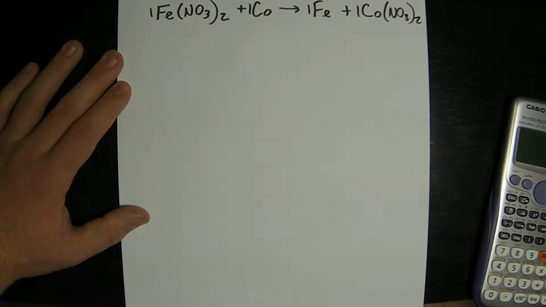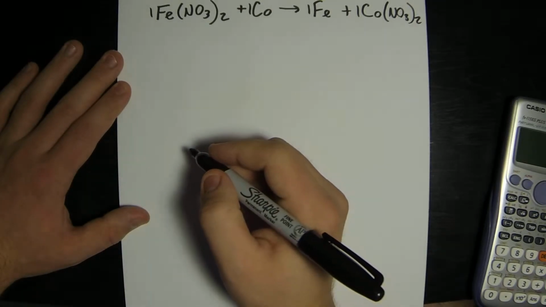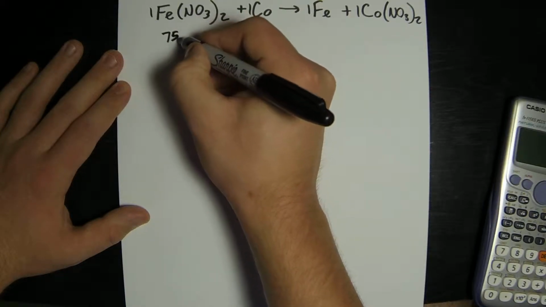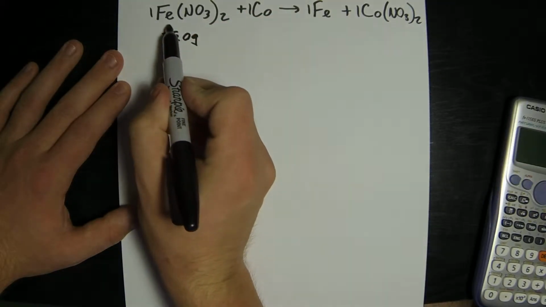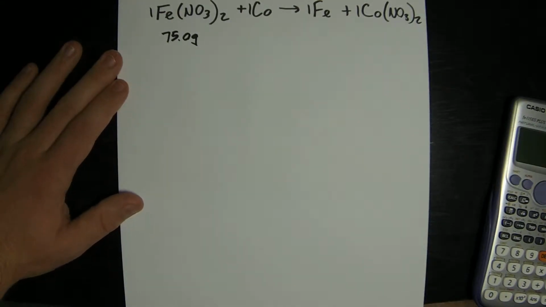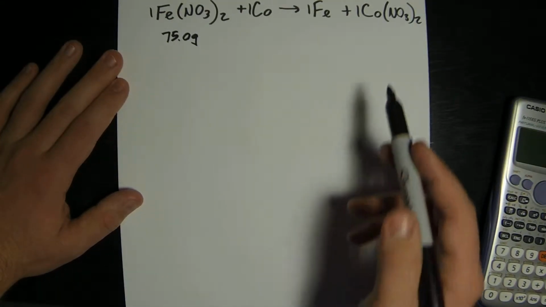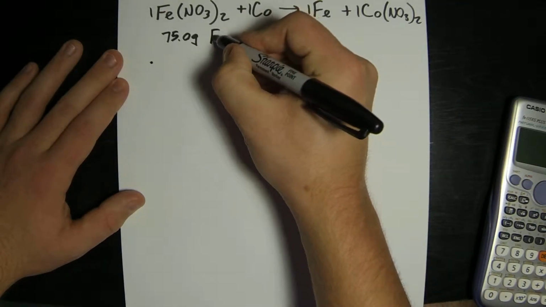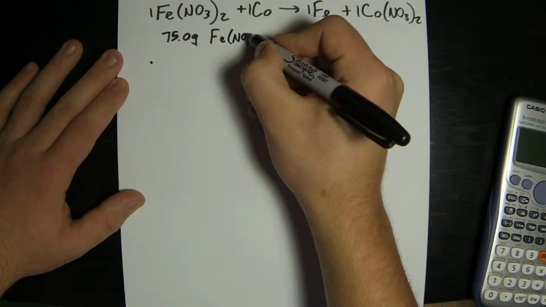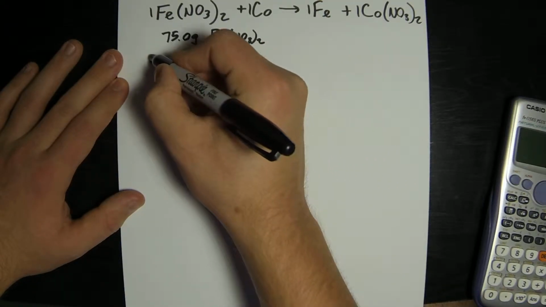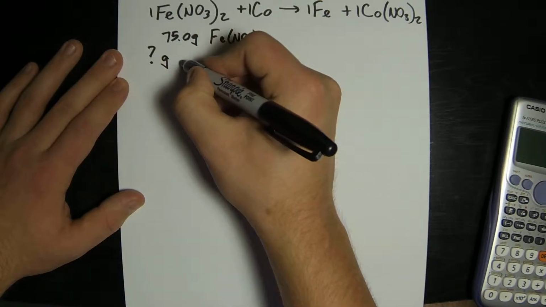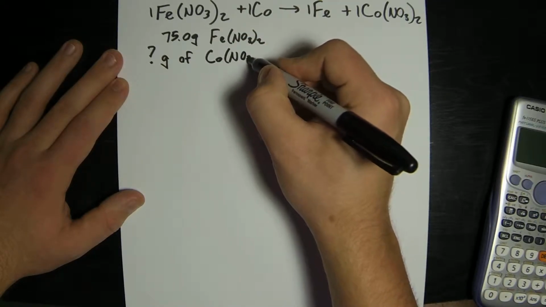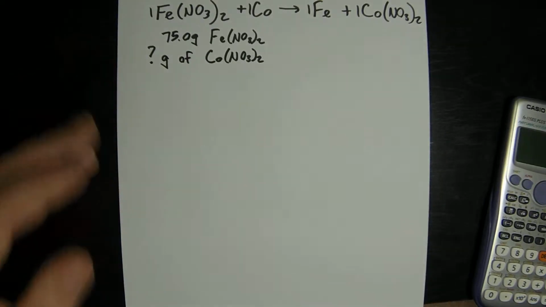So let's say we've got 75.0 grams of iron nitrate, and we want to know how many grams of cobalt nitrate we will make. Iron nitrate, how many grams of cobalt nitrate will we produce?